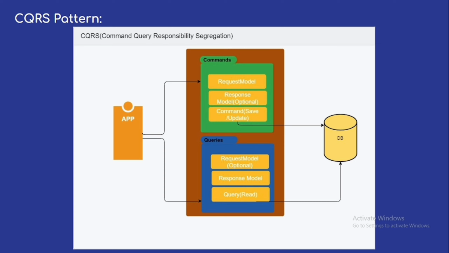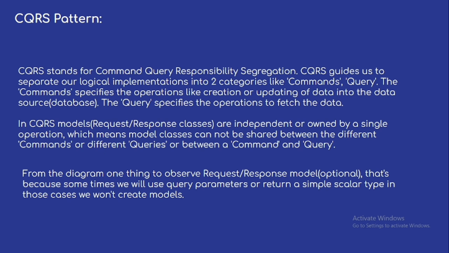One model cannot be shared with another feature. So model classes cannot be shared between two different commands, or between two different queries, and between a command and a query we also should not share. That means request and response classes have to be created for one functionality only. They cannot be shared.